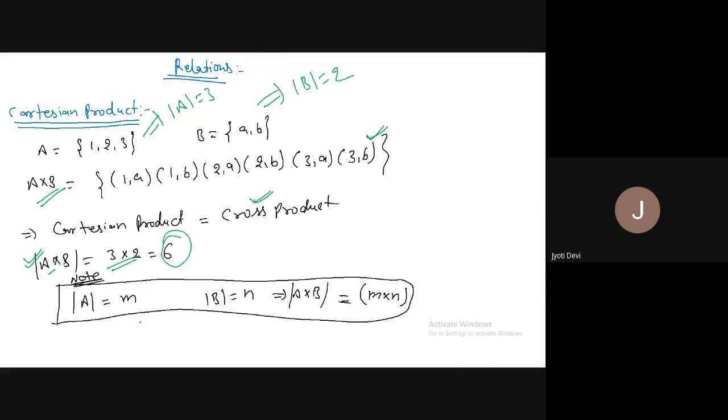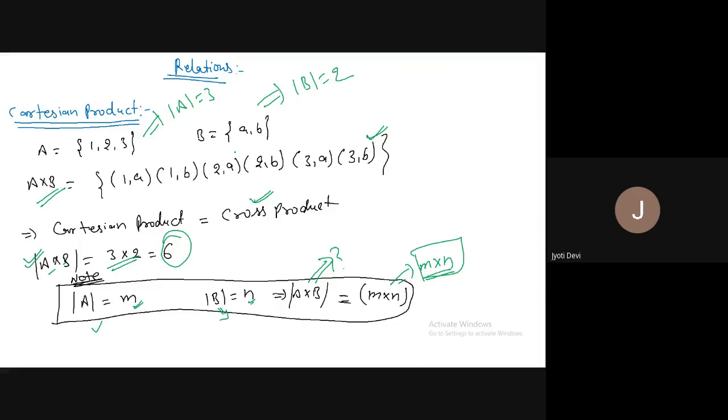If I conclude this in general form, if the cardinality of set A is m and the cardinality of set B is n, then the number of elements present in A cross B is m into n. Any doubt?